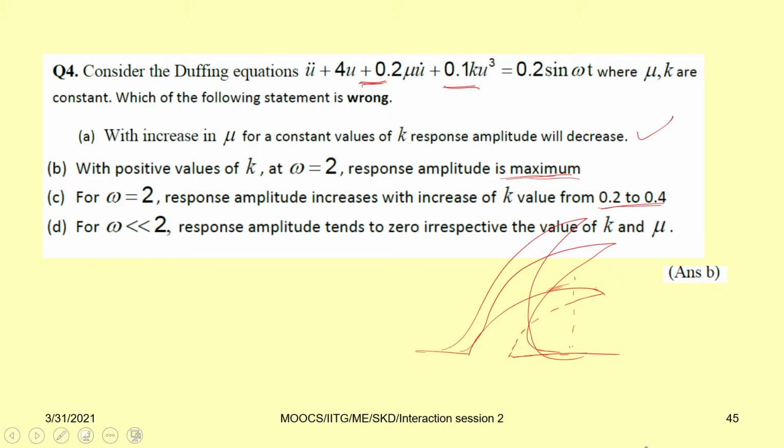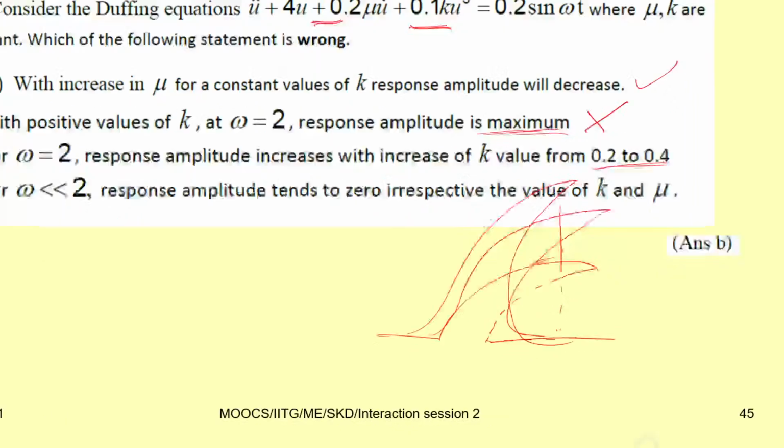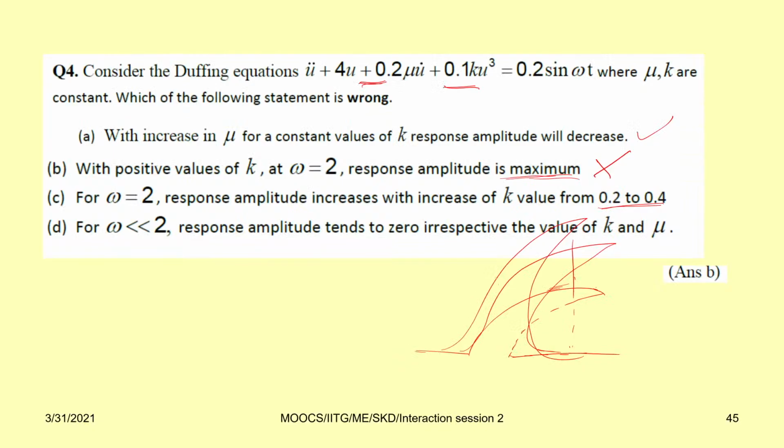So for omega very less than 2, the response amplitude tends to 0. Actually this statement is wrong, I told you. It will reach the maximum when it is away from 2. At 2, it will not reach the maximum.